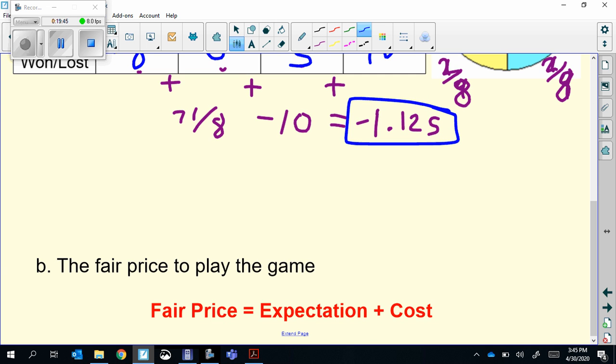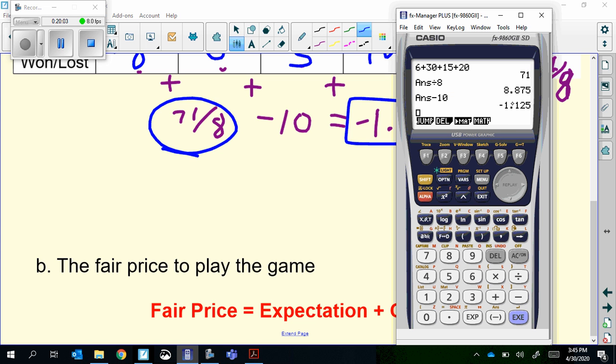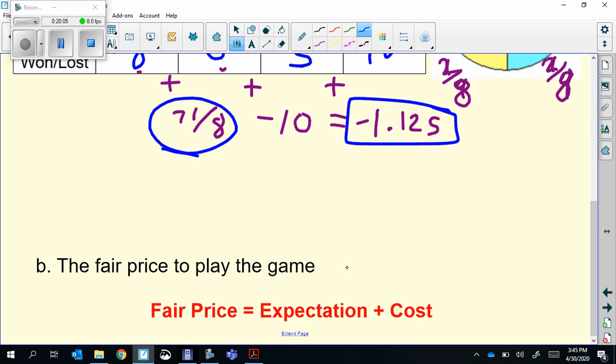The fair price would have been this first amount that we had right here, which would have made that be 0. 71 over 8 is 8.875, and we'd have to round that up to $8.88.